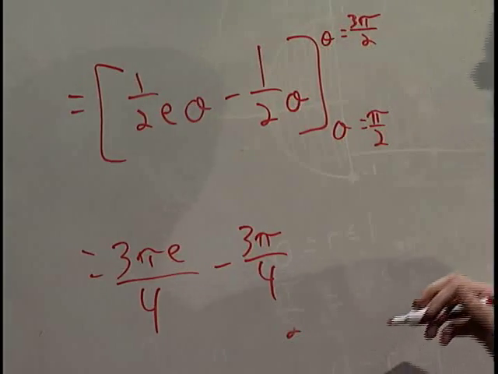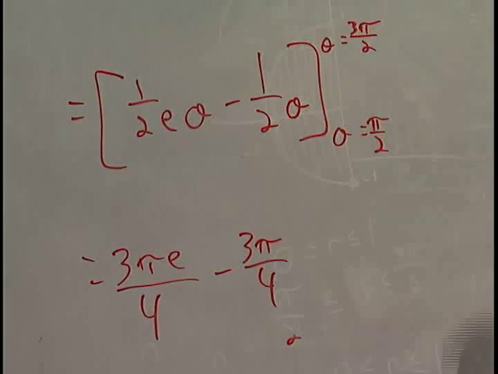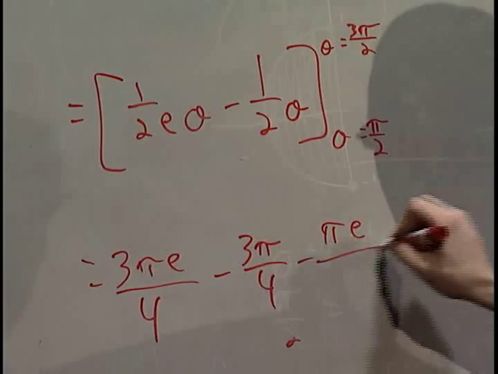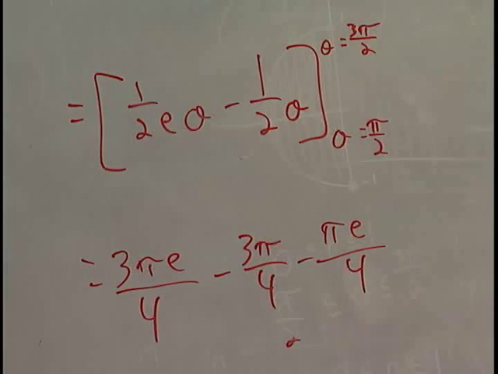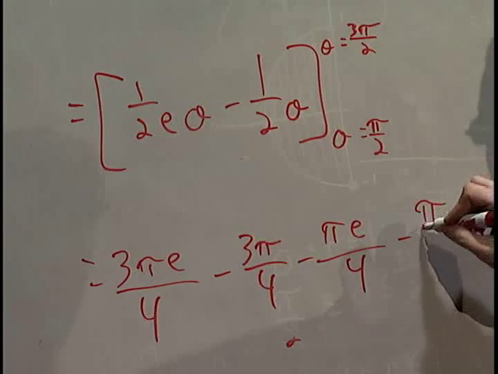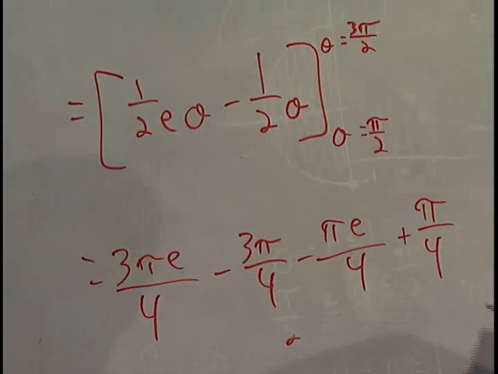And then let's see here. So then you've got πe/4. You've got a minus πe/4 and a minus. Oh, actually, that would be a plus π/4, wouldn't it? Yes, it would be.